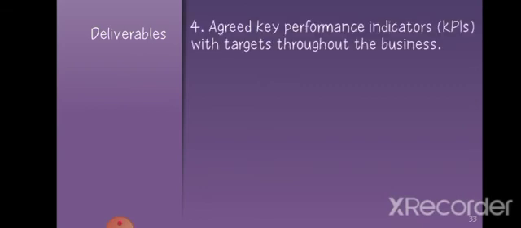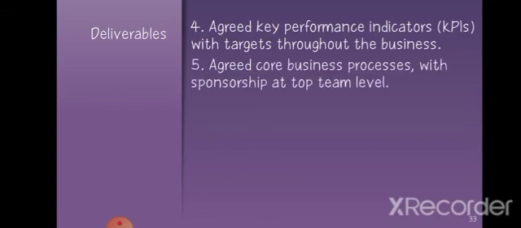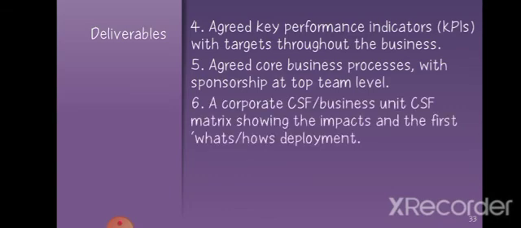Agreed key performance indicators, or the KPIs, with targets throughout the business. Agreed core business processes with sponsorship at top team level. Number 6, a corporate CSF and business unit CSF matrix showing the impacts and the first what or how's deployment.